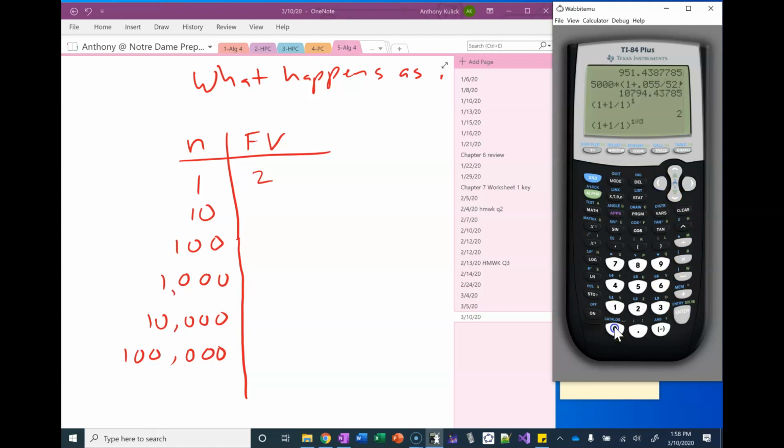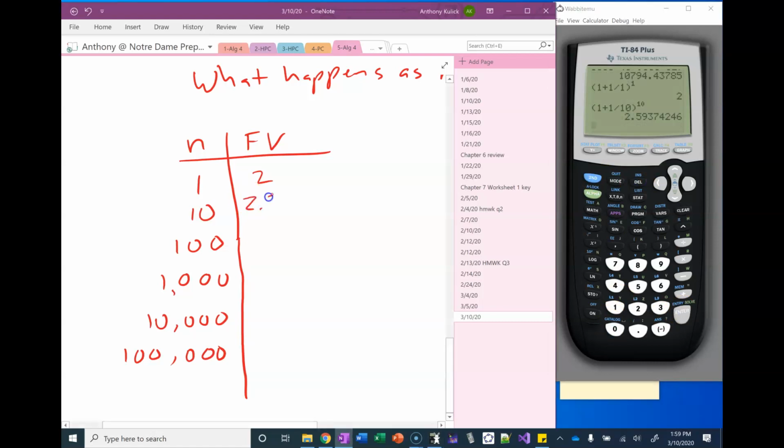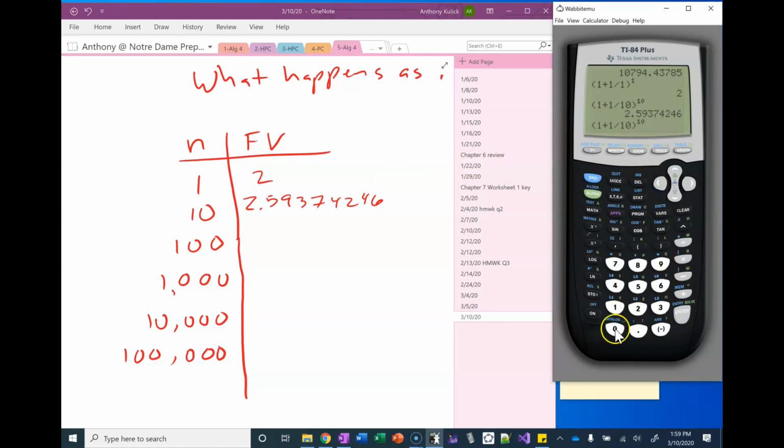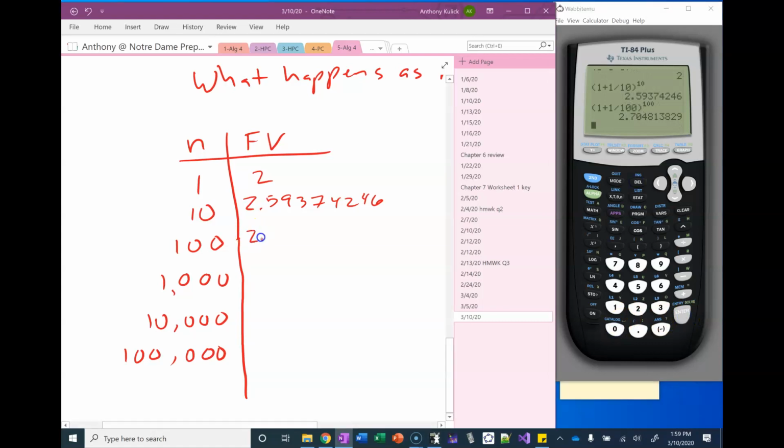When I plug 10 in for n, I get 2.593744246. When I plug 100 in, I get 2.704813829.